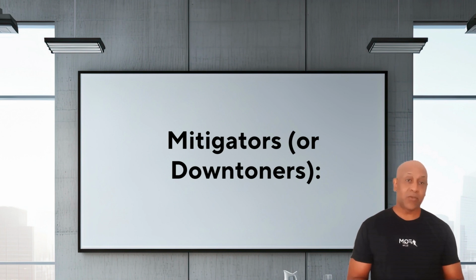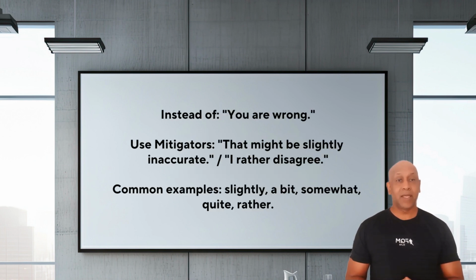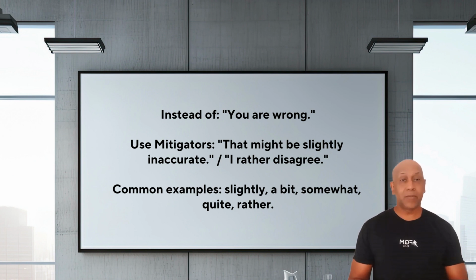Mitigators or downtoners. These are words that soften, weaken, or moderate the impact of an adjective or verb. We use them when we want to be polite, humble, or less certain. Instead of "you are wrong," use mitigators: "That might be slightly inaccurate." "I rather disagree."